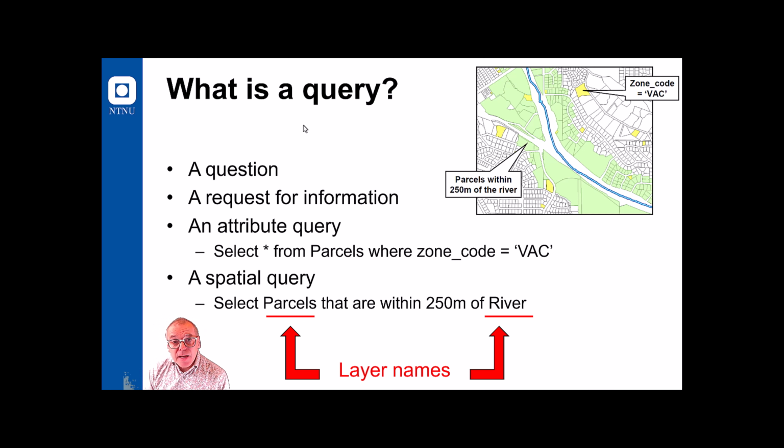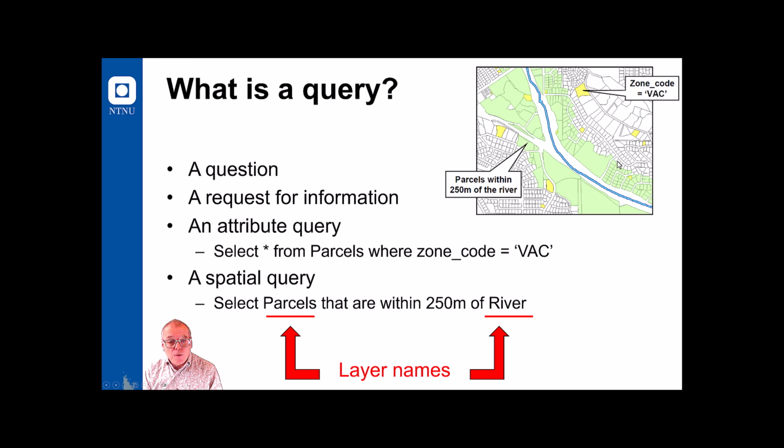And in most GIS, one differentiates between attribute queries and spatial queries. An attribute query could, for instance, be that you have a data set of parcels and one of the columns in the table is called zone code. And this may have different values, but you are only interested in those which have the code VAC, short for vacancy.